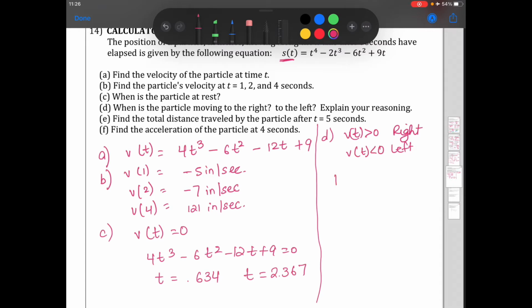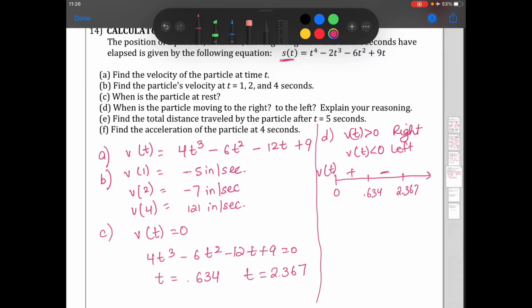So what I do is I use my velocity number line, cap it at 0, and my two numbers that will go on this are 0.634 and 2.367, and I'm going to take a number from each interval and find out if it's positive or negative. So if I pick a number, let's say a half, this is going to be positive in this interval.